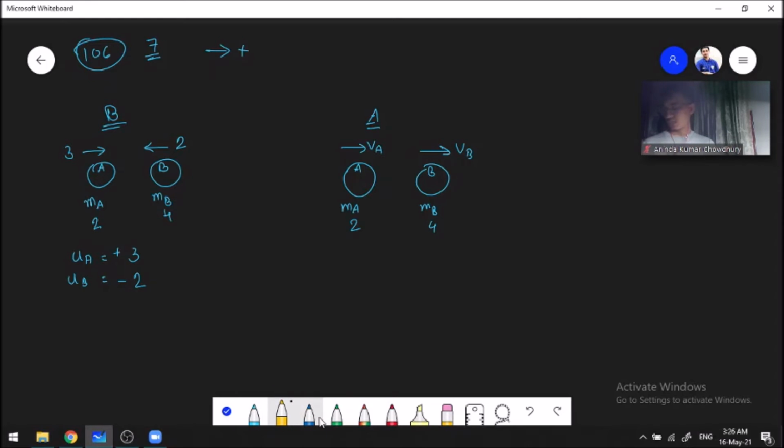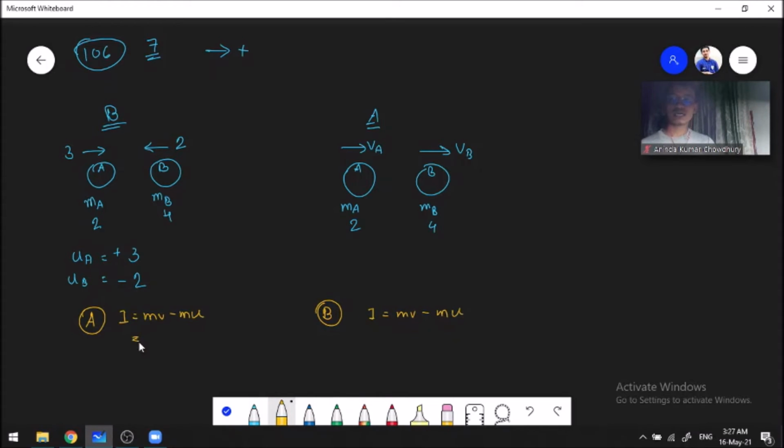Now, one more thing that we know is that the impulse exerted was 7. So we are going to apply the impulse formula for two particles, particle A and particle B. For particle A, impulse is equal to mv minus mu. For particle B also, impulse is equal to mv minus mu.